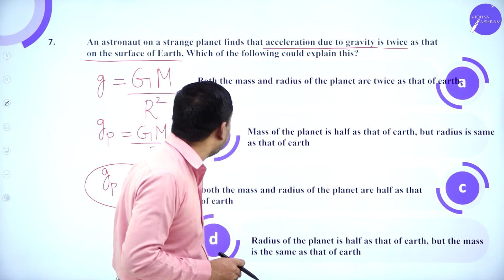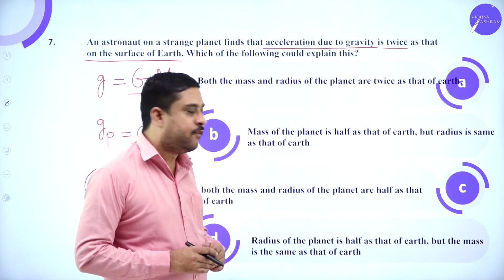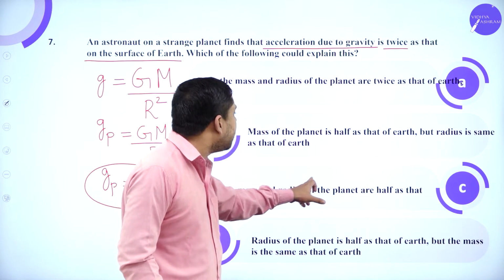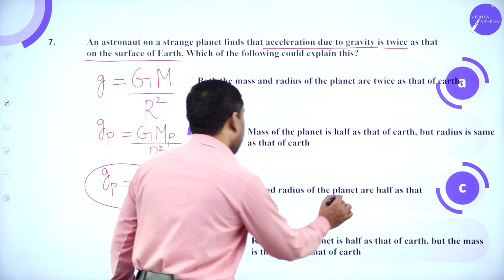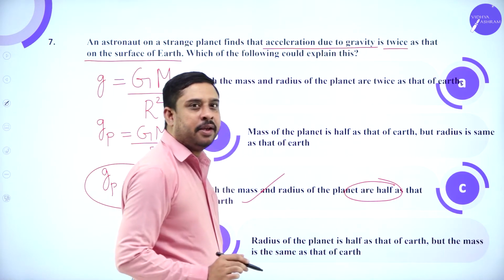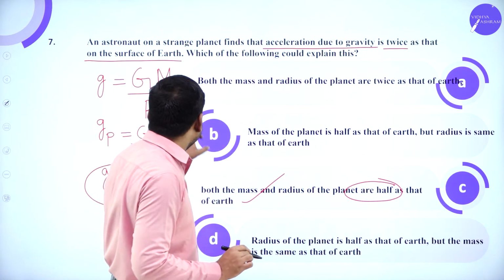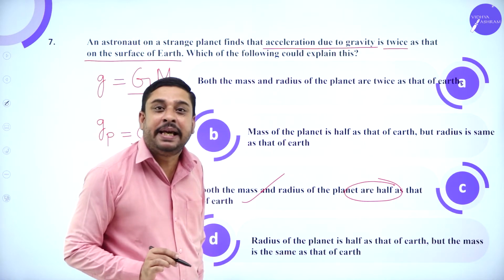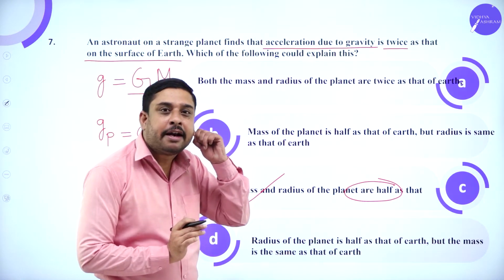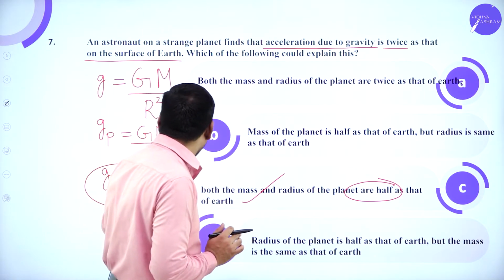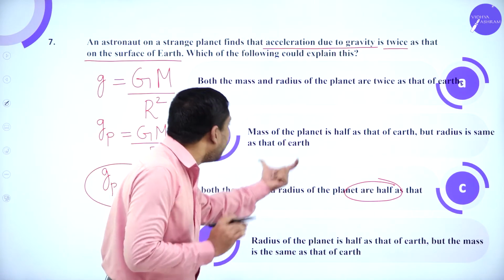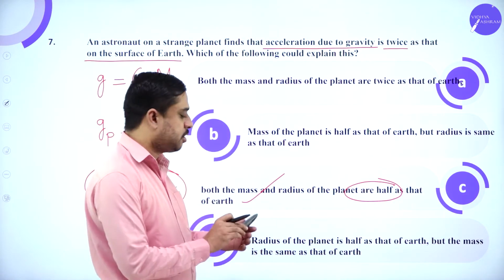This can happen only when both mass and radius of the planet are half of the Earth. If you substitute, Mp is Me by 2 and Rp is Re by 2, only then this condition is satisfied. So the third option holds good.